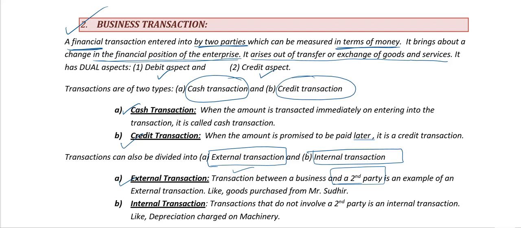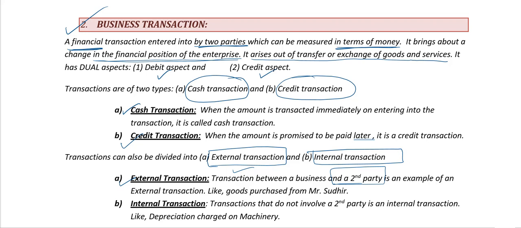So a business transaction is a transaction between two parties which involves some money and which results in the change in the financial position of the enterprise. There are two types of transactions, cash transaction and credit transaction. A cash transaction involves exchange of money immediately.